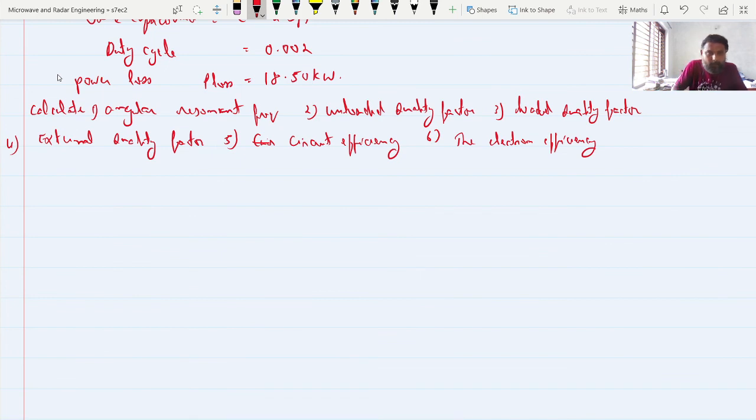The first one is the angular resonance frequency, that is omega r. I write directly the equation I already indicated, 2 pi into 9 into 10 raised to 9, which will be nearly 56.55 into 10 raised to 9 radian.